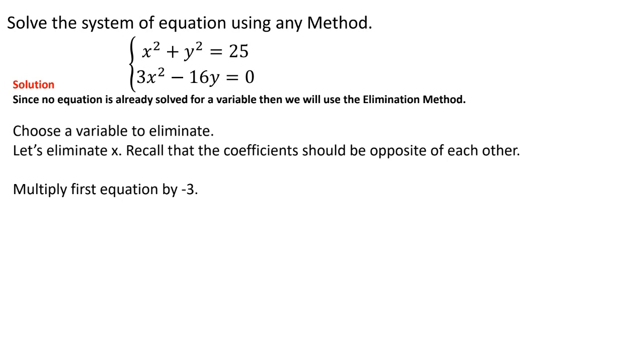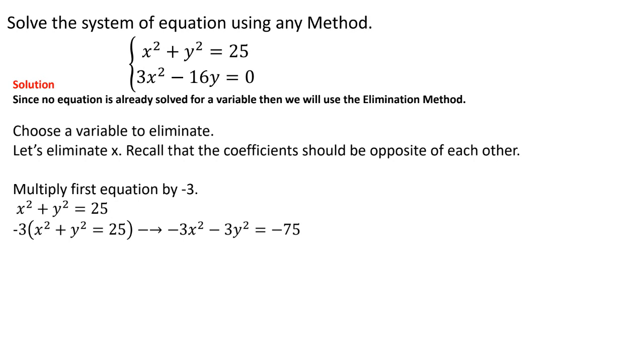If I multiply it by a negative 3, let's see what we get. Okay, so if we multiply by negative 3, negative 3 times x squared is negative 3x squared. Negative 3 times y squared is negative 3y squared. And negative 3 times 25 is negative 75.